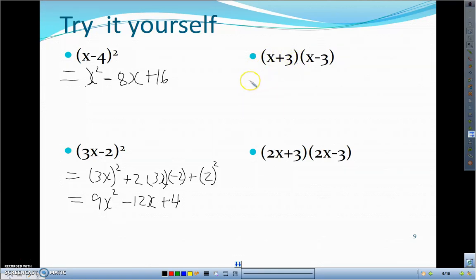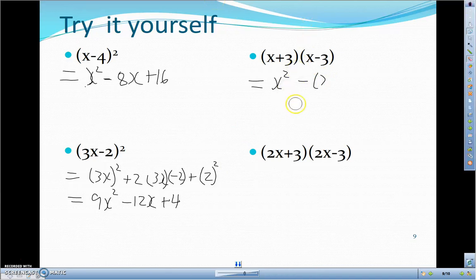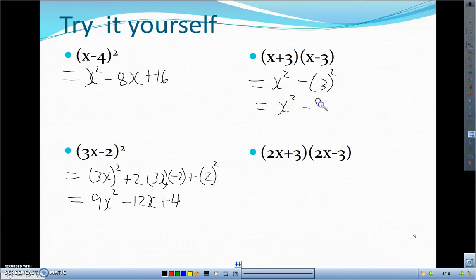Here we've got this x squared minus 3 squared, which would be equal to x squared minus 9.